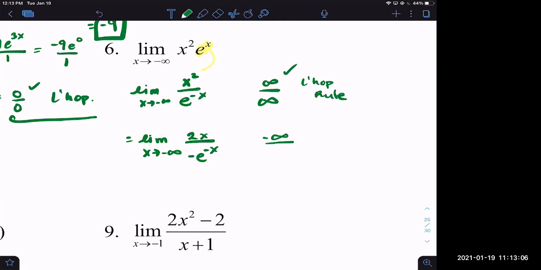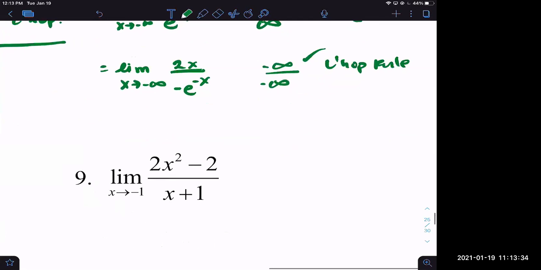The bottom would be negative e to the negative infinity, or e to infinity, but that's still infinity. So this is still infinity over infinity, which is okay, doesn't matter plus or minus. That just means we do L'Hopital's rule again. So sometimes you have to repeat it a couple of times. If you still have infinity over infinity, you take the derivative again.